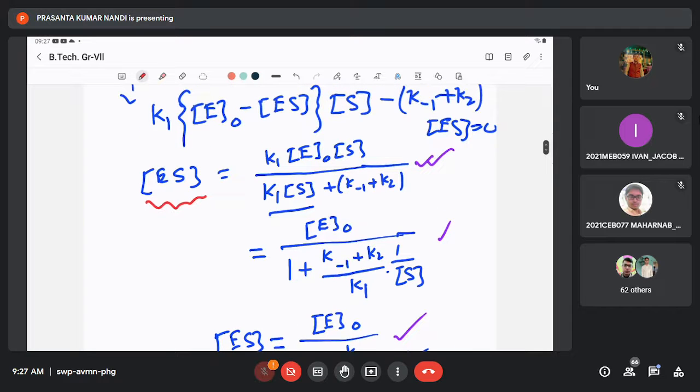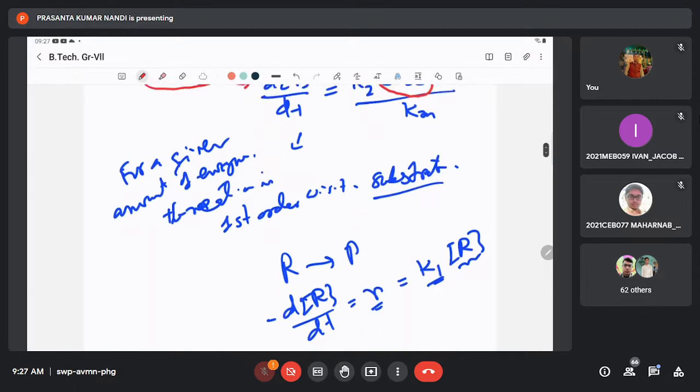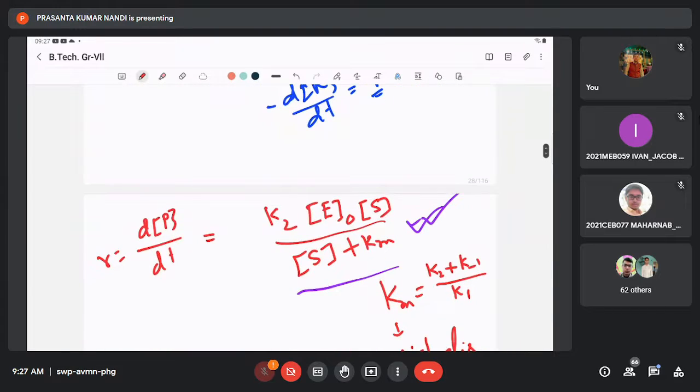I think you can easily check that the overall rate equation can be written like this, right? Without any approximation, that is general, without any modification for special cases whether substrate concentration is taken small or large. We are not considering that aspect, but it is a general outcome of the overall rate equation, right?